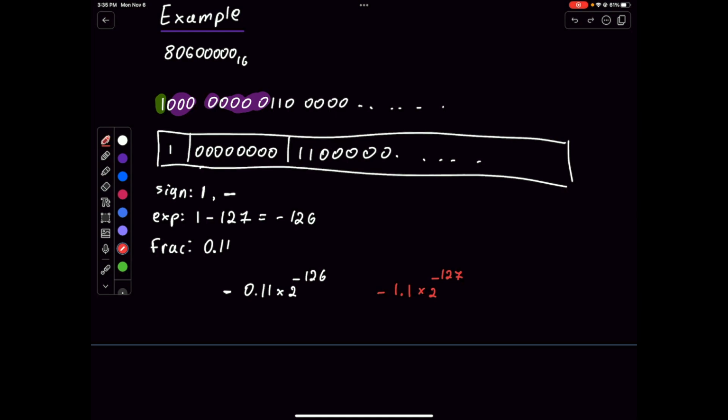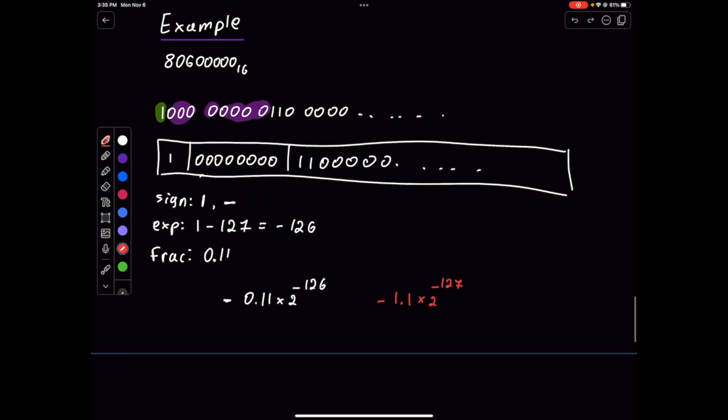All right, so I think that the most important thing is to focus on the first part of this video. The denormalized functions aren't that common in exams and tests. And if there are, it's going to be similar to this. If you pay attention, you will notice that if the exponent is all zeros, then it is a denormalized representation.